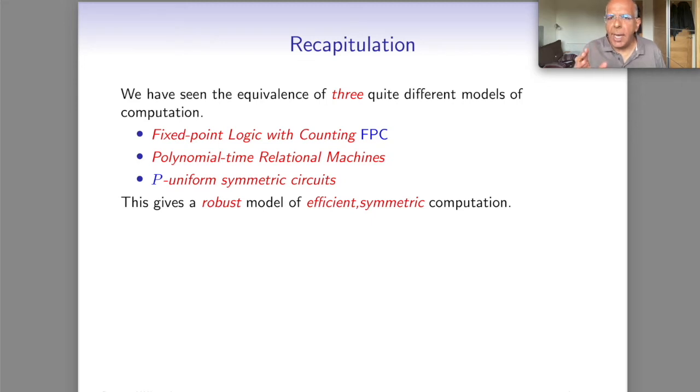We can think of FPC as a complexity class inside P, properly inside P, but which is very robustly defined and captures what it means to, in some sense, compute symmetrically inside P. Symmetrically in exactly the sense that arises when you compile computations from high-level specifications which are done at the level of abstract relational structures like graphs.